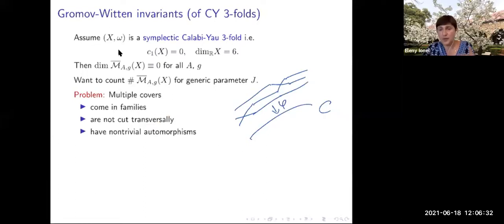And then on top of this, many of them have automorphisms. Covers have deck transformations, for example. A degree 2 cover has a Z2 automorphism and so on. And so this obstructs the naive count of such J-holomorphic curves.